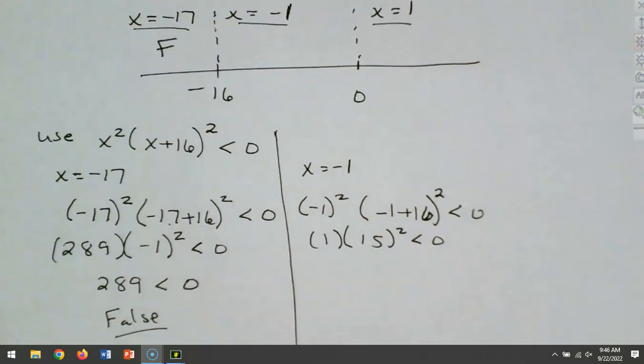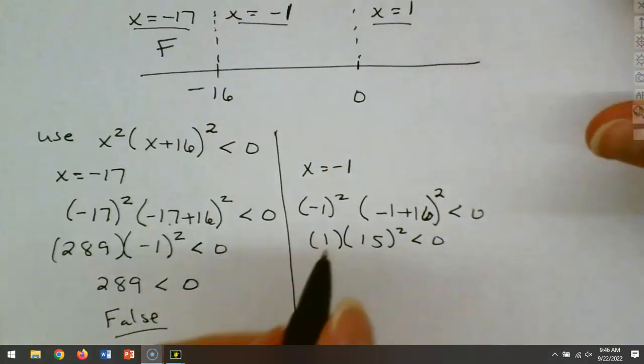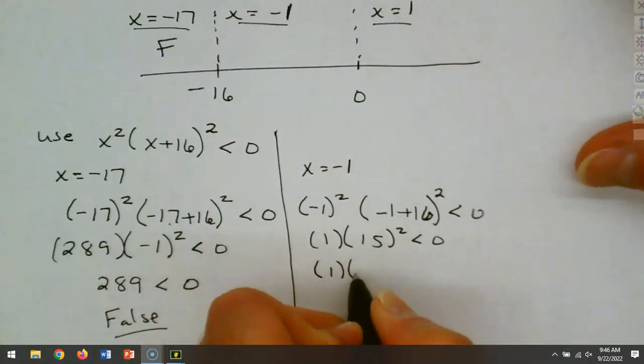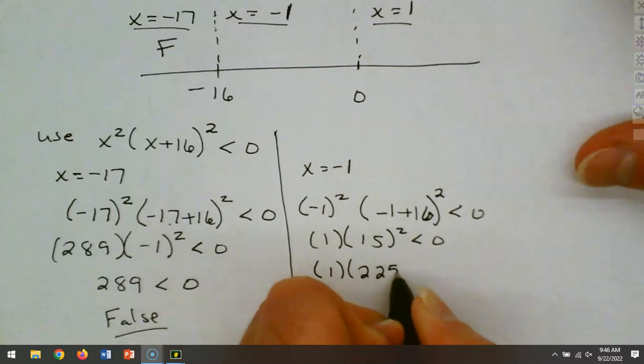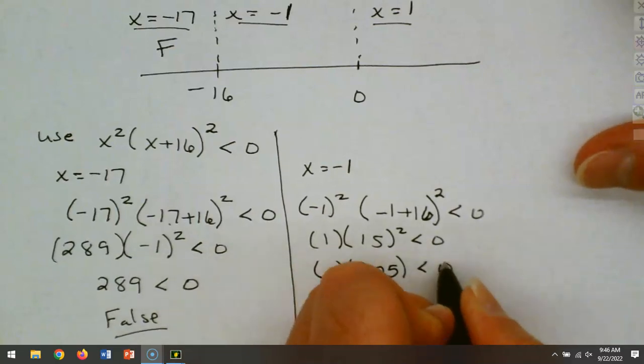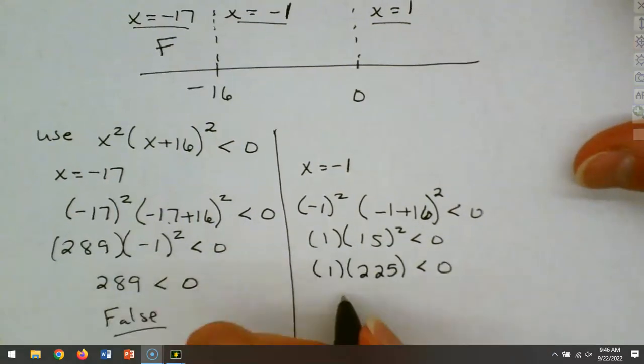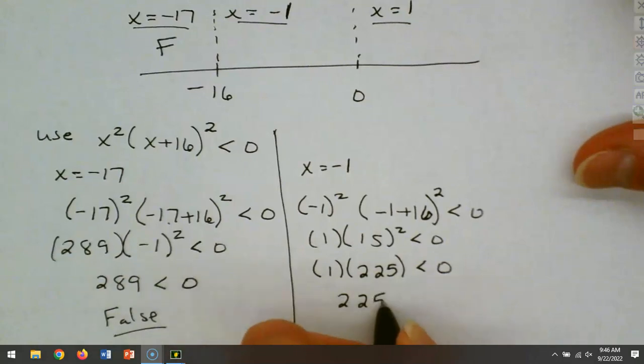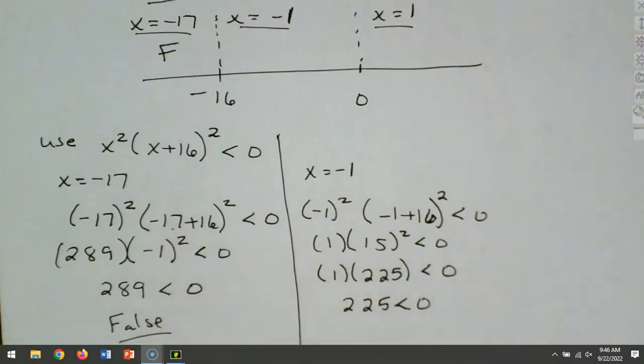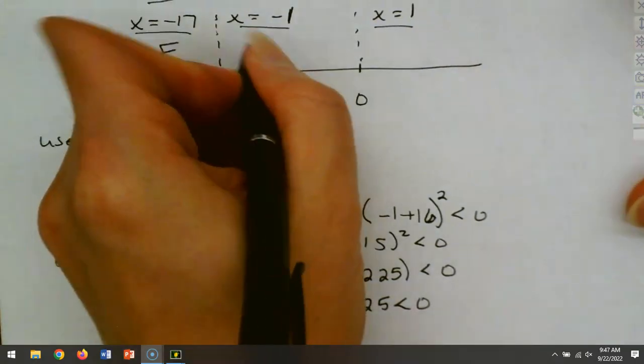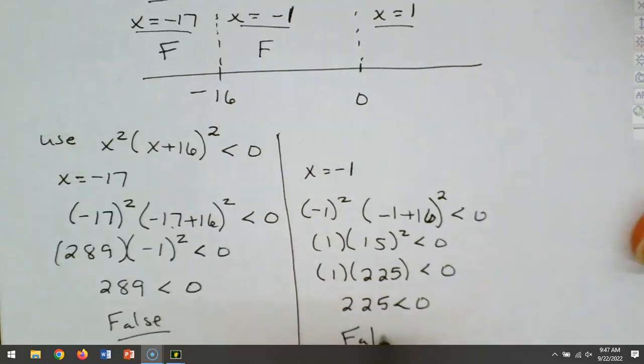And 15 squared comes out to be 225. And what do we know about 1 times 225? It stays at 225. And is 225 smaller than 0? True or false? That, again, would be false.